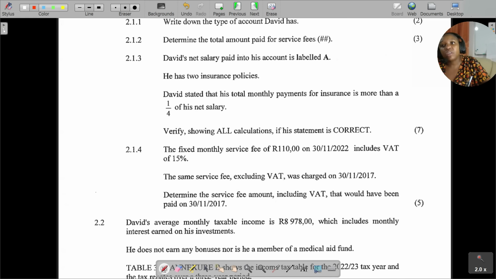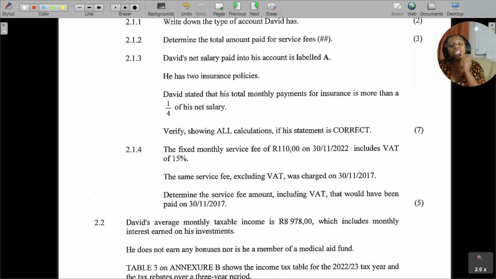In this question, guys, David is making a statement that his total monthly payments for insurance are more than a quarter of his salary. So before we can verify that, we first need to determine what a quarter of his salary is, get that amount, then get the total monthly payments for insurance, and then compare those two values.